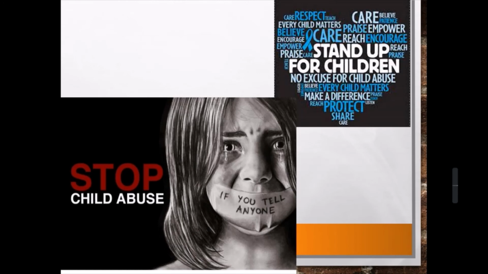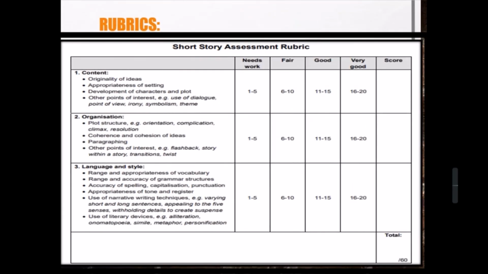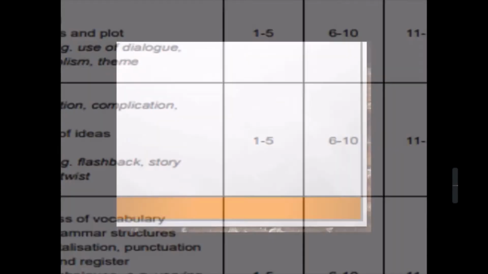So we need to stop this child abuse in any way possible. This needs to be your theme or plot in your short story. So research more about it since you have your laptops with you and tablets or cell phones. That's it. So we will base your scores in these rubrics. We will have the content, organization, language, and style.